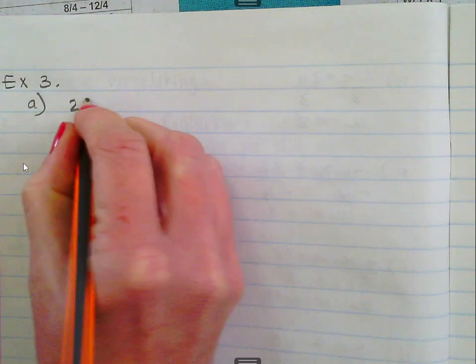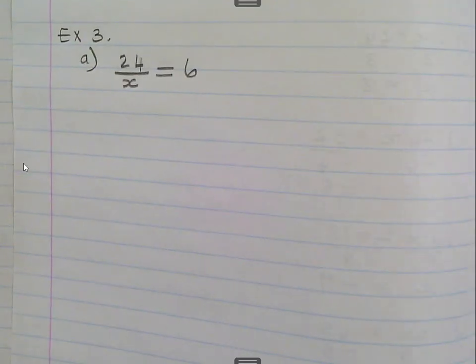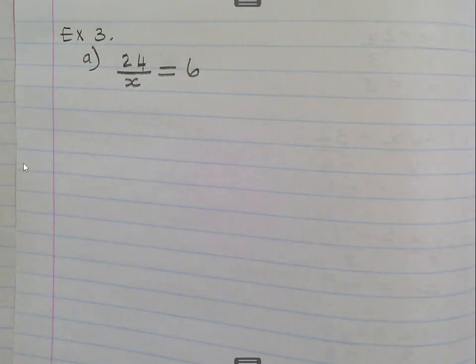We're just going on with this. So if I write down this example, let's say 24 over x equal to 6.